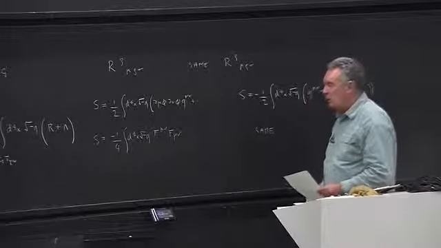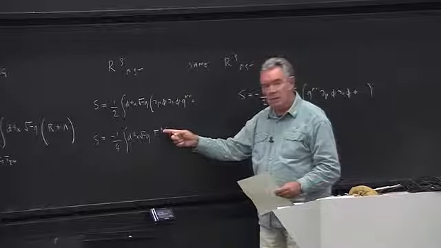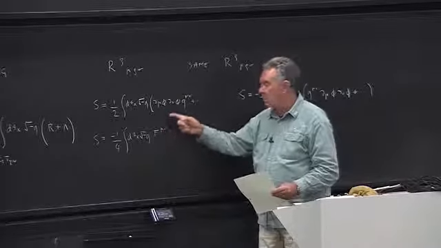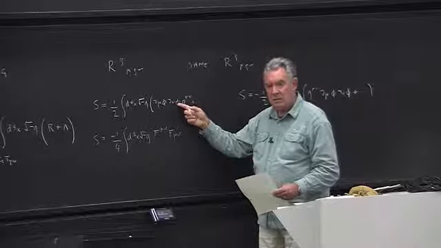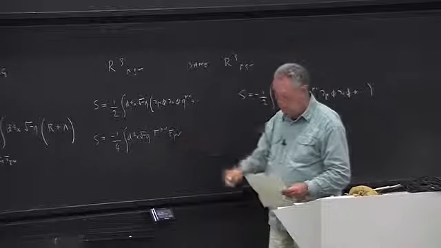And the reason it's the same in both for Maxwell is you need two metrics to raise the indices here. You only need one here. So the scalar flips sign, but the vector doesn't.